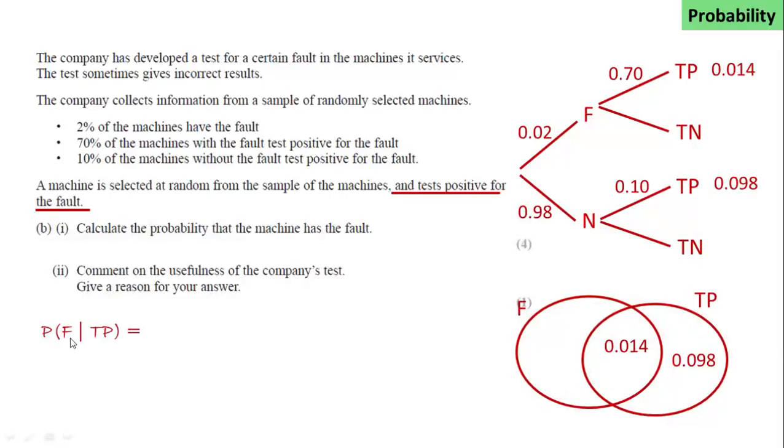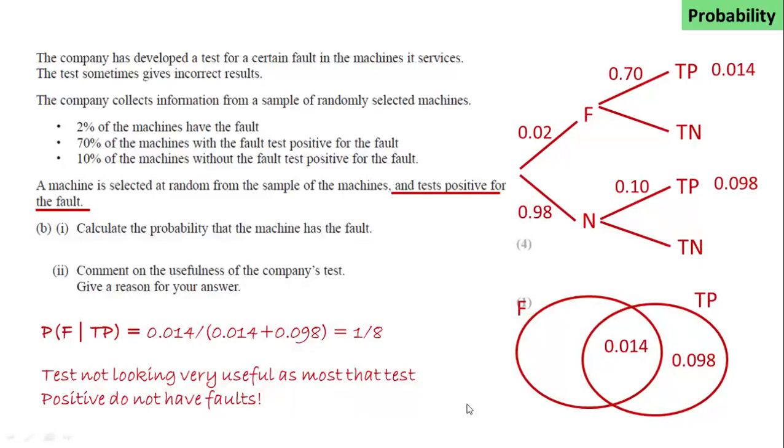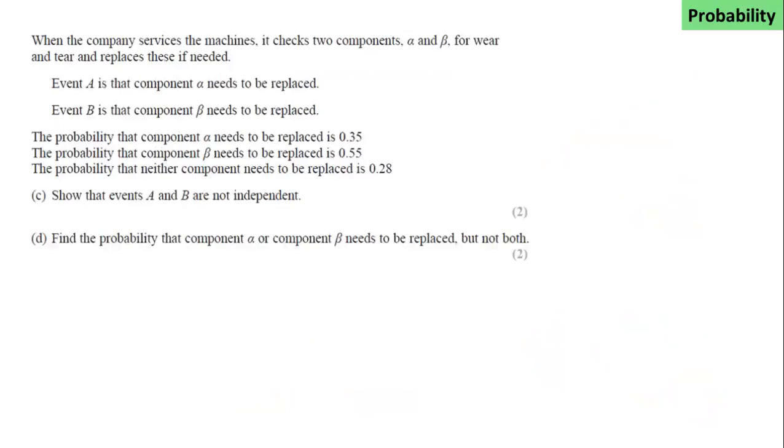And now the probability that it's faulty, given that it tests positive, is going to be 0.14 over 0.014 plus 0.098, which works out as an eighth. And we have to comment on the usefulness. Well, it's not desperately useful, because this means that if a machine tests positive, it's still very unlikely that it has the fault. So it's not a very useful test.